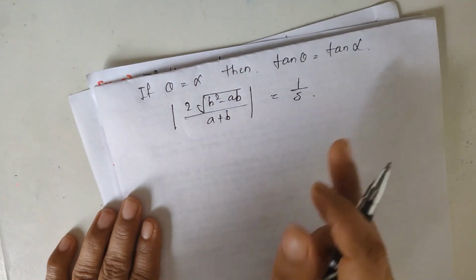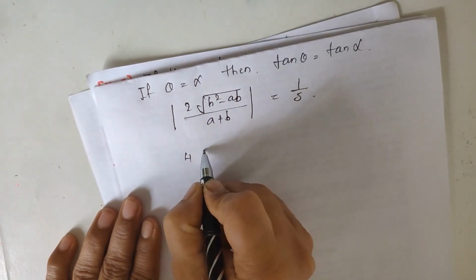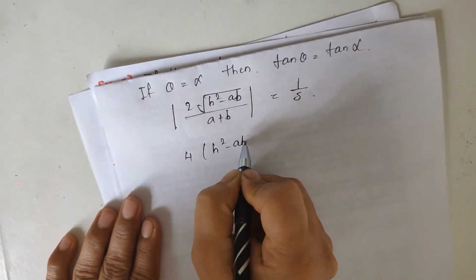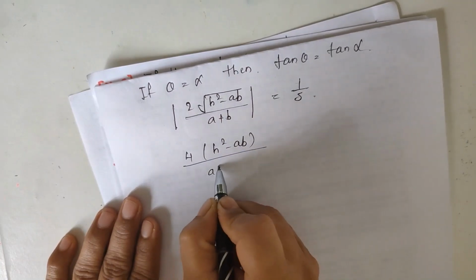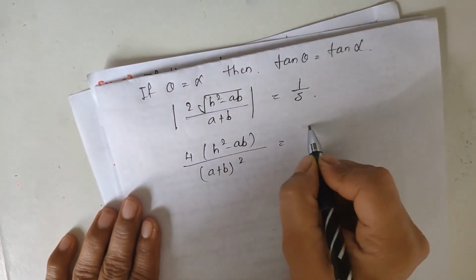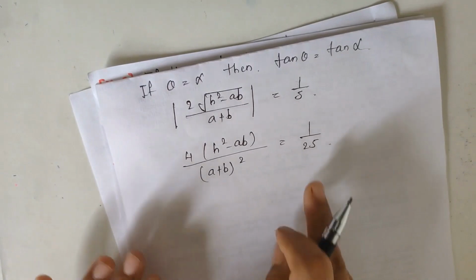So squaring on both sides, 4 into h square minus ab upon a plus b bracket square is equal to 1 upon 25.